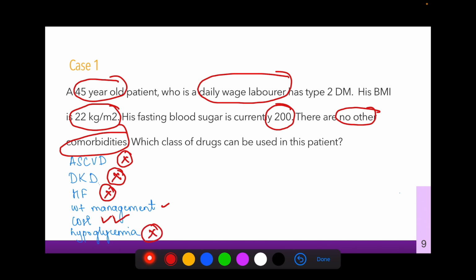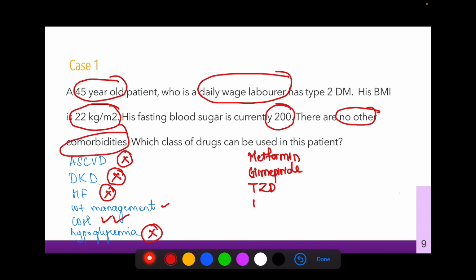So now my main aim is to treat the patient taking cost into consideration. What are the cheapest drugs we can use? I can use metformin. Then glimepiride. Then I can use pioglitazone, thiazolidinediones.